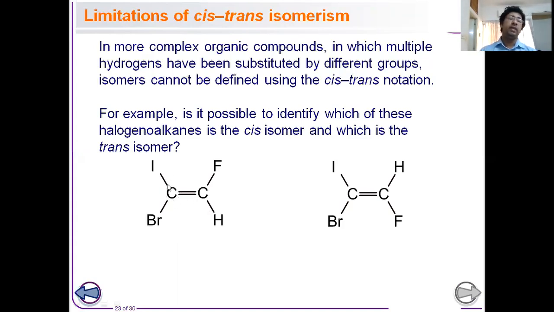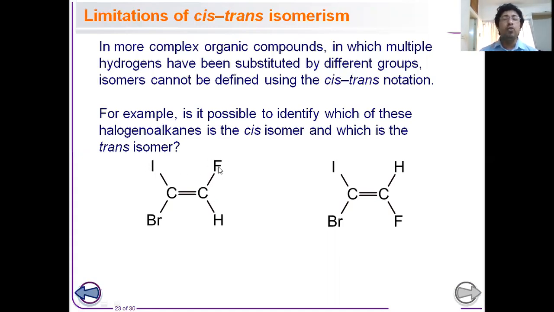Here in the example, with this carbon, we have to consider which one is the priority group, iodine or bromine. The priority group will be determined from the mass. Comparing iodine and bromine, the mass of iodine is more. So iodine is the priority group. Similarly, with this carbon, fluorine is the priority group.